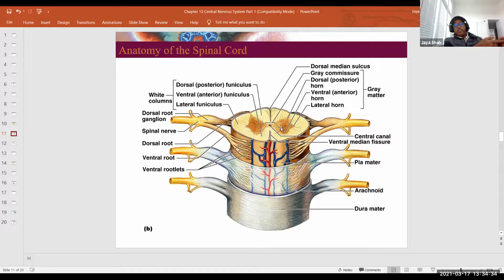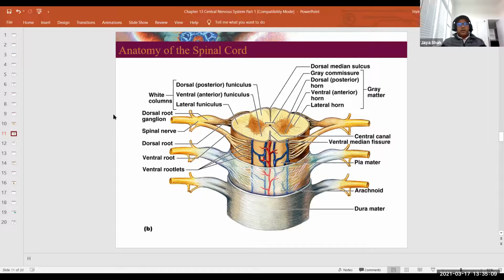The dendrites of the pseudo-unipolar neuron, whose cell body is here in the dorsal root ganglia, come here, and then the cell bodies are here. Then the axons go to the dorsal posterior funiculus. And then it takes the signal to the brain or spinal cord, wherever it needs to go.